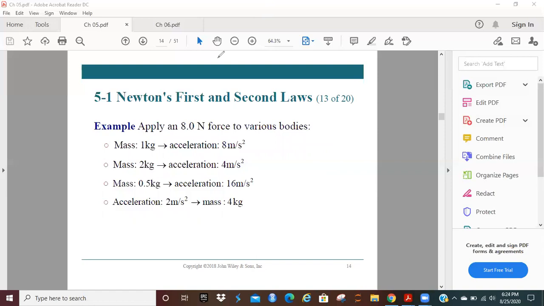Well, let's get my drawing tools out here. Force in this case is going to be mass times acceleration.